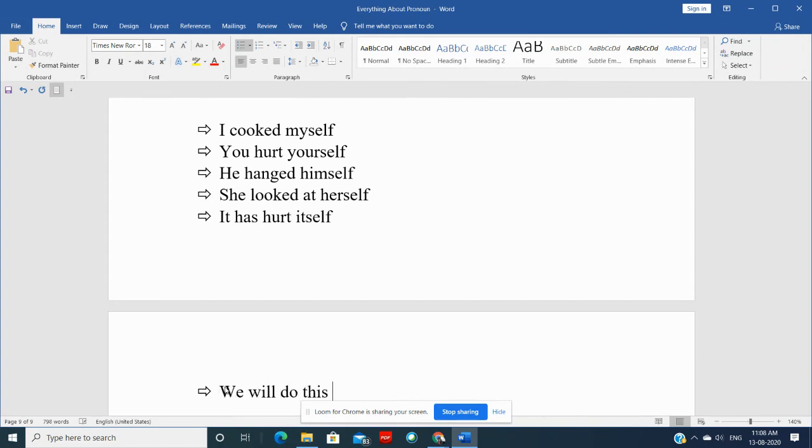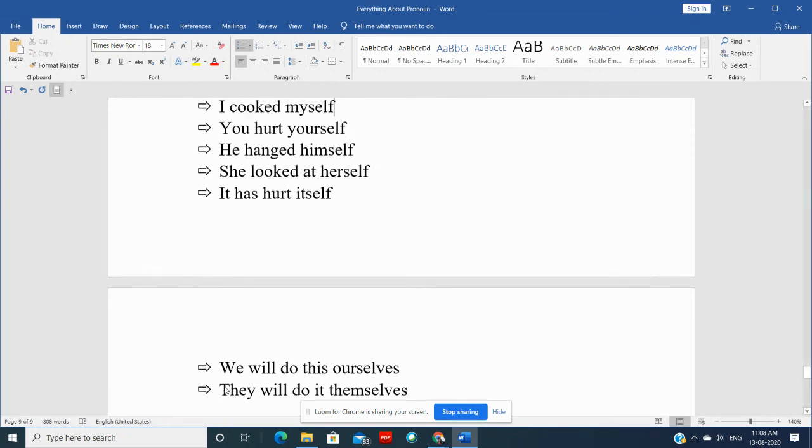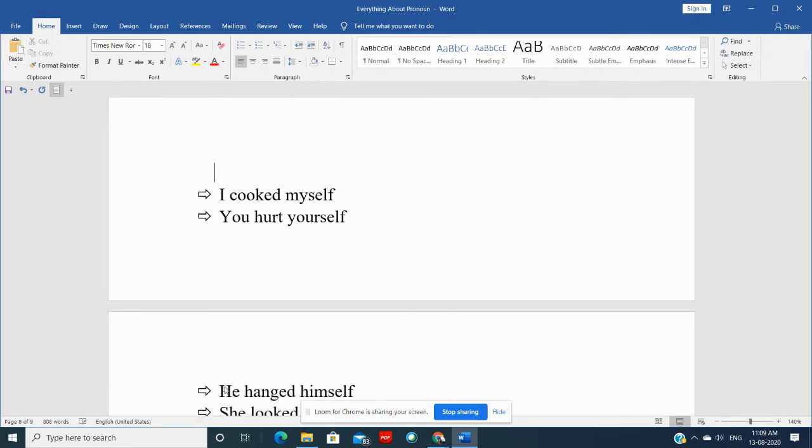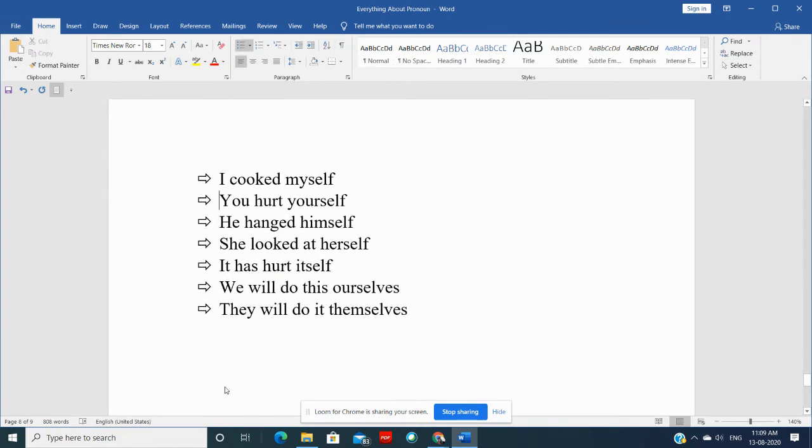We will do this ourselves. We become ourselves. Or we can say they will do it themselves. Means they become themselves. So this is how you can see that these types of reflexive pronouns are being used. Now remember, I becomes myself.